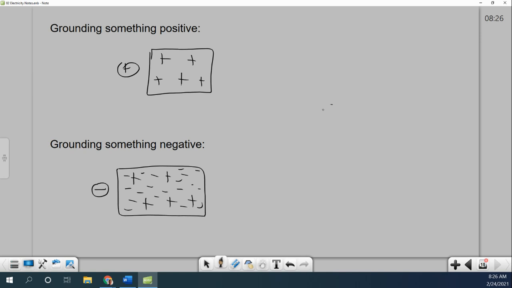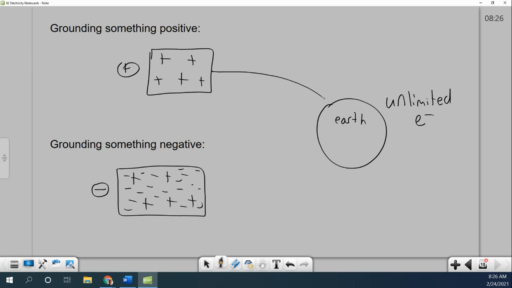So here's Earth. Unlimited electrons. It can take or give as many as it wants because it is huge. So if I were to connect this object to this object with a wire, what's going to happen?